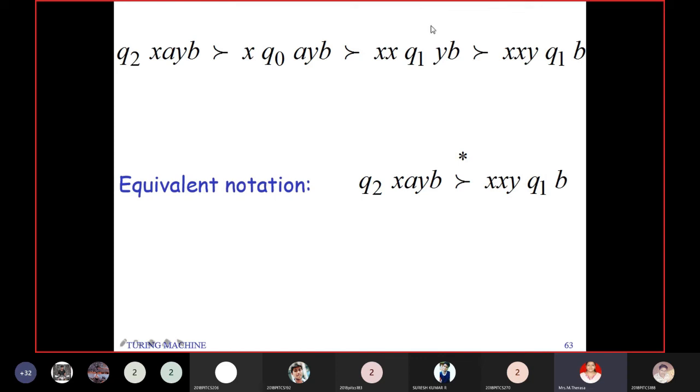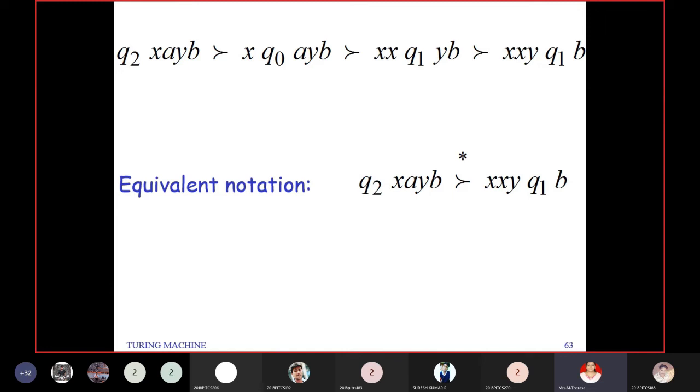Okay, so this sequence Q2 XAYB, transition move to X Q naught A Y B, next transition X X Q1 Y B, the next move X X Y Q1 B. This can be rewritten like starting with the initial configuration, that Q2XAYB, then you can have the instantaneous description symbol over which you can have the star, then you can have the final configuration, that is XXYQ1B.